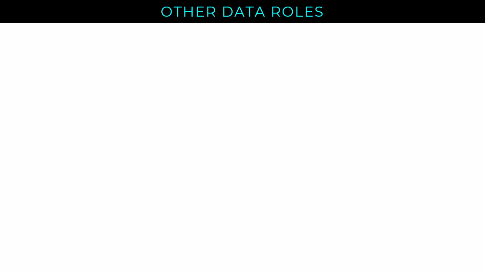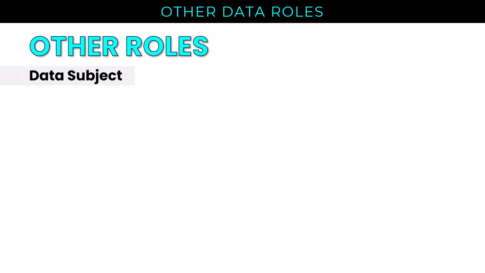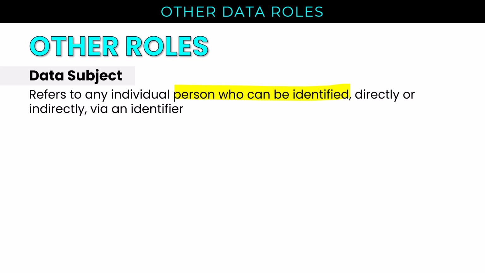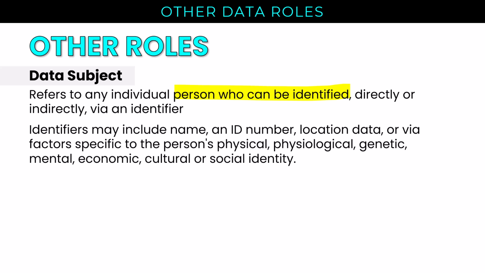And other data roles. There's the data subject, and I've mentioned this briefly earlier in the course. This refers to any individual person who can be identified directly or indirectly via an identifier, the subject, I called them. Identifiers may include a name, an ID number, location data, or factors specific to the person's physical, psychological, genetic, mental, economic, cultural, or social identity.